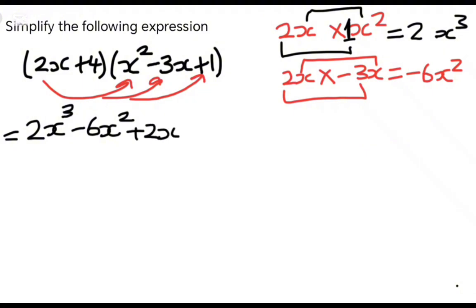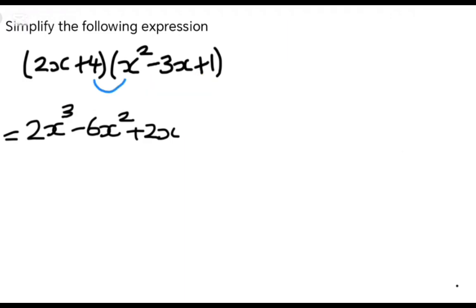Yeah? So we also have to do the same thing with this 4. So this 4 has to multiply here, which is 4 multiplied by x squared, is going to be plus 4x squared. So this 4 also has to multiply there. In other words, 4 multiplied by negative 3x.